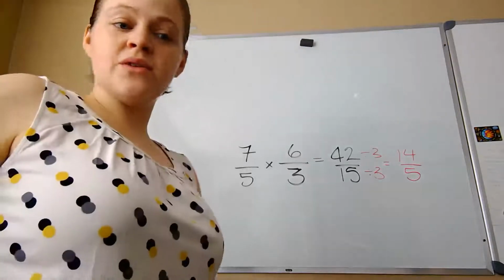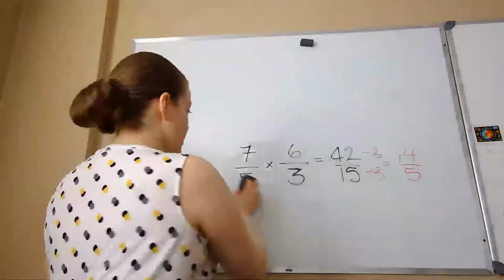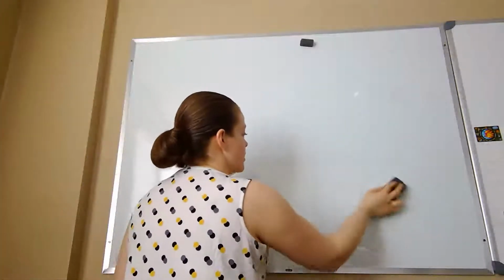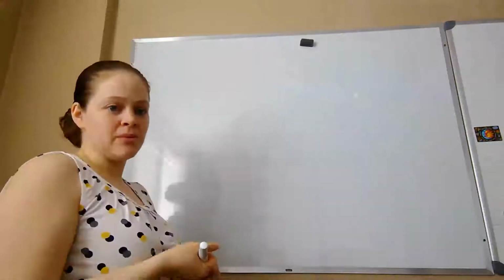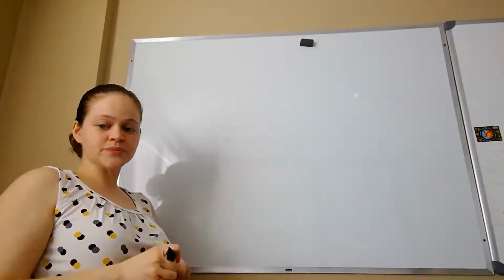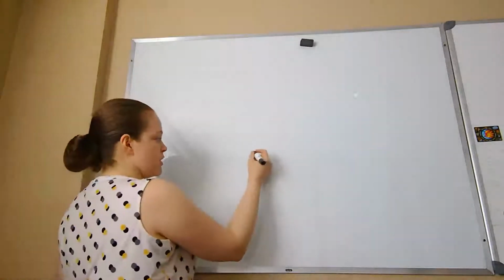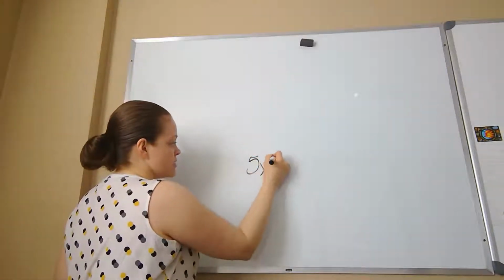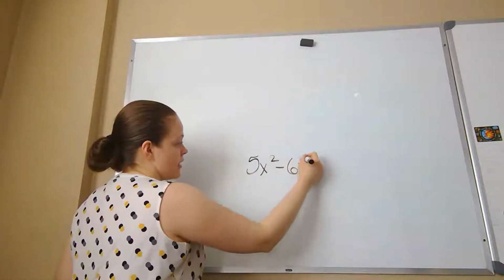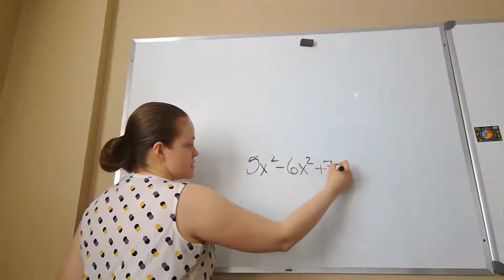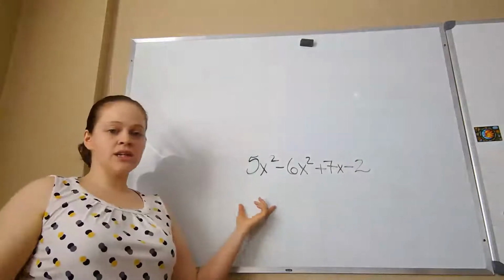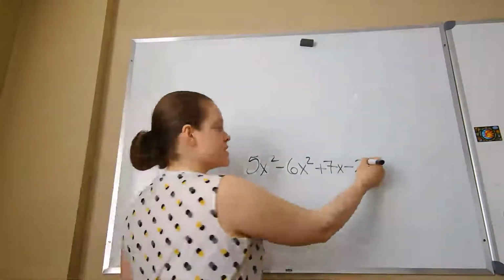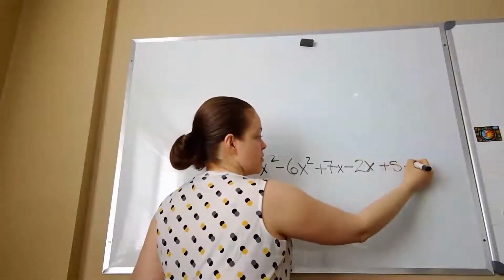Okay, so I will try another grade 10 question because I just got asked it through text message. That was just about combining like terms. So if we have 5x squared minus 6x squared plus 7x minus 2, I'll even extend that, plus 5 minus 3.